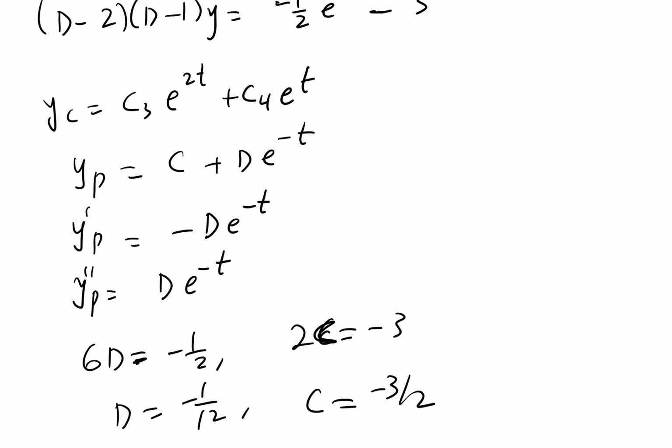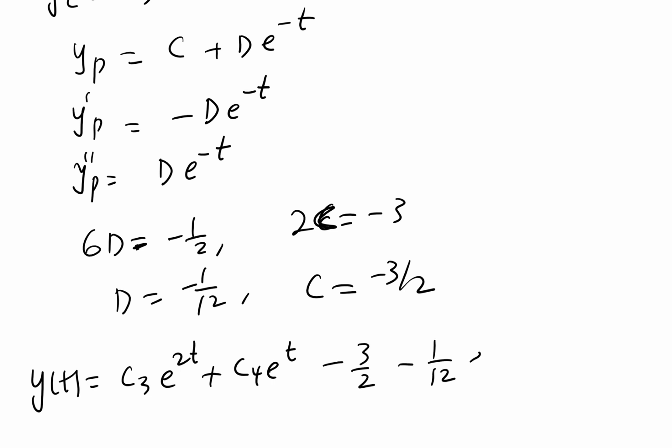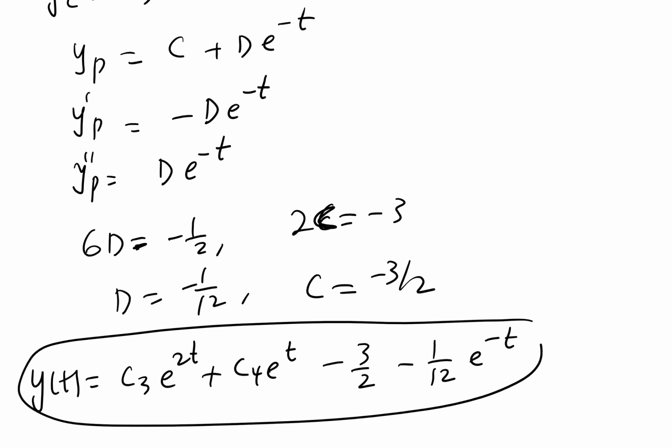So after we found those, that gives us y of t, because I have the complementary already, C3 e to the 2t plus C4 e to the t. And the particular, it's C and then d e to the negative t. That's the y of t. So I found x of t, y of t.